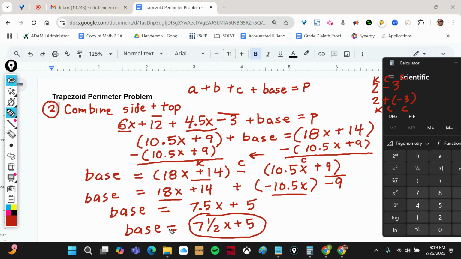Or you could make this an improper fraction. 2 times 7 is 14 plus 1 is 15 halves x plus 5.